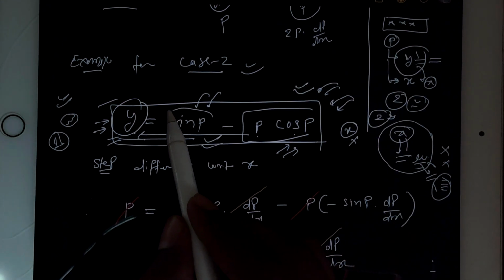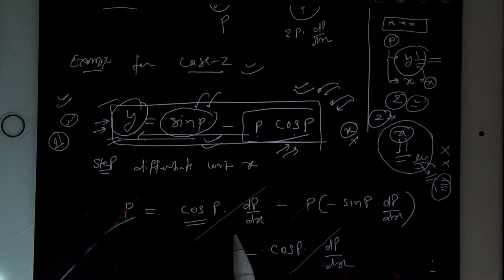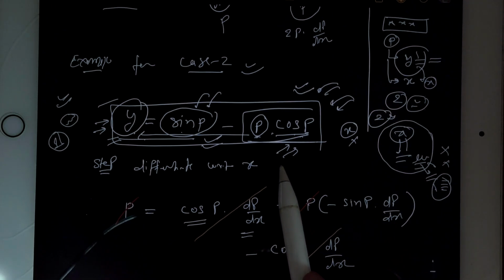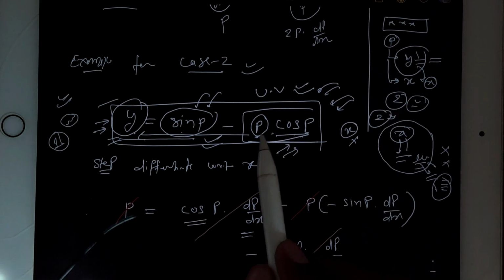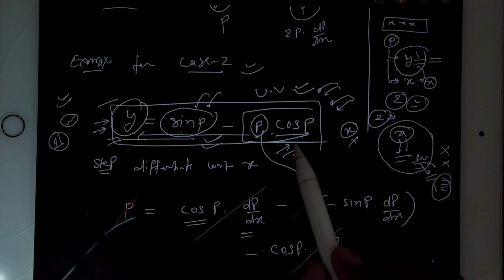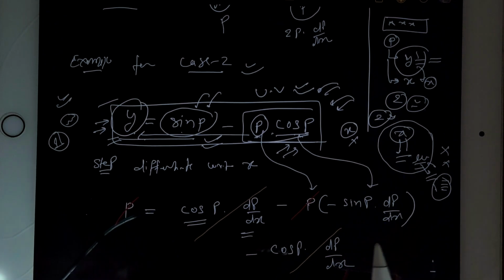If you differentiate sin p it will become cos p into dp by dx. But if you differentiate p into cos p, there will be two terms. You can apply the UV rule, the product rule. You leave p as it is, you differentiate cos p. So cos p will become minus sin p dp by dx.